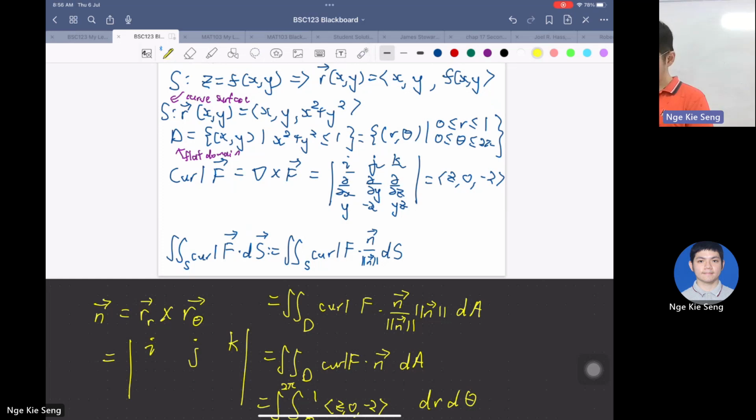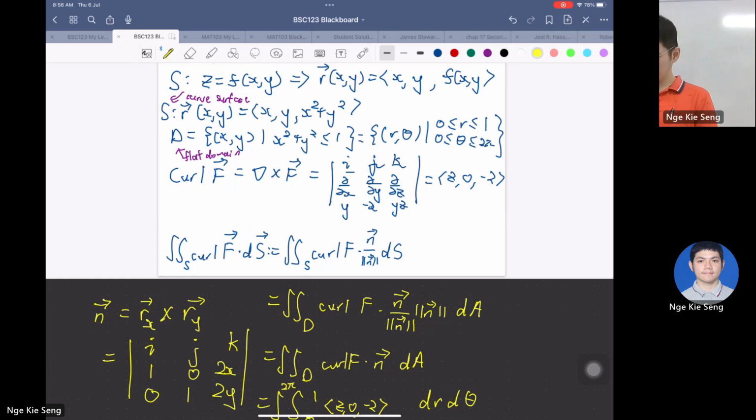What should we do? Maybe we don't go to r theta first because our function is in xy. We do xy first, and then we substitute r theta later. So if we do xy, r_x is 1, 0, 2x, correct? And then r_y is 0, 1, 2y.